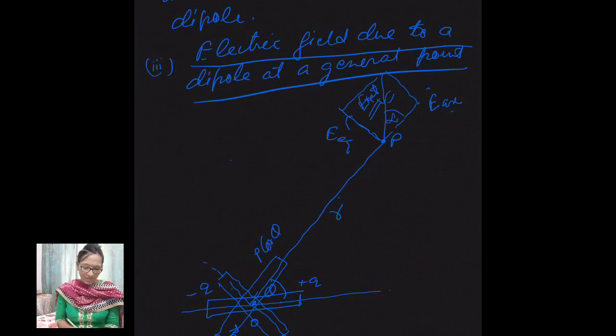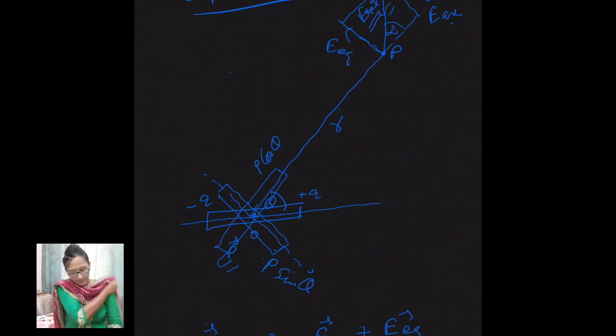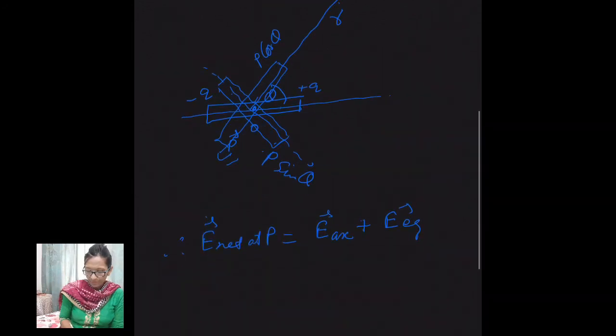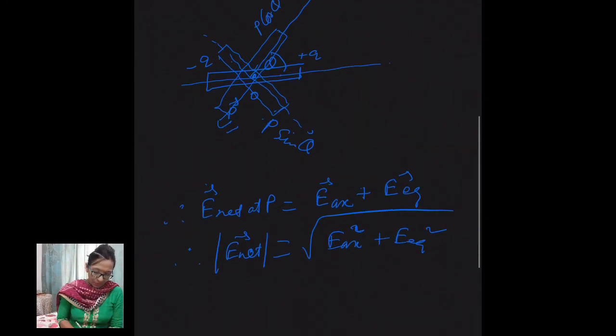So now electric field due to a dipole at the general point. This is the third case that we have to do.